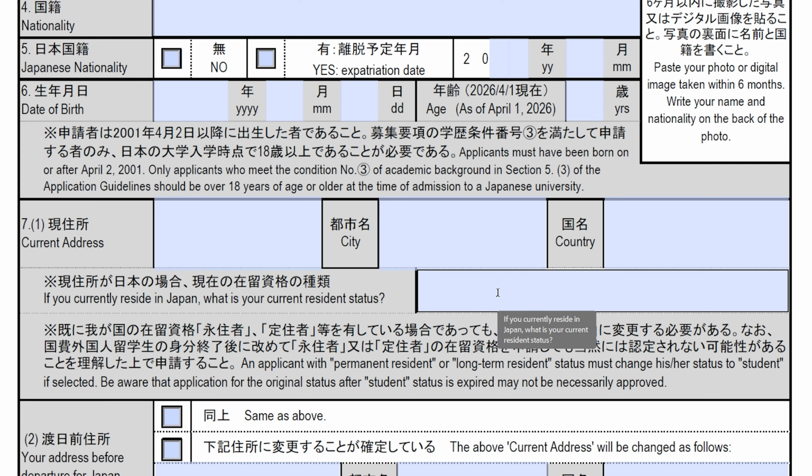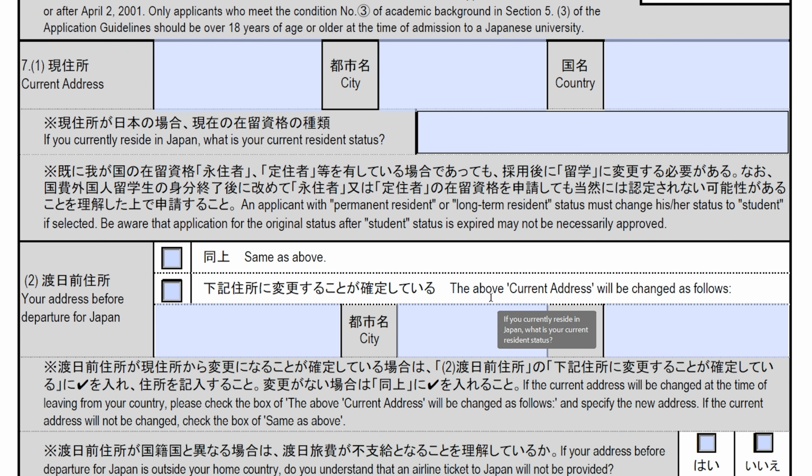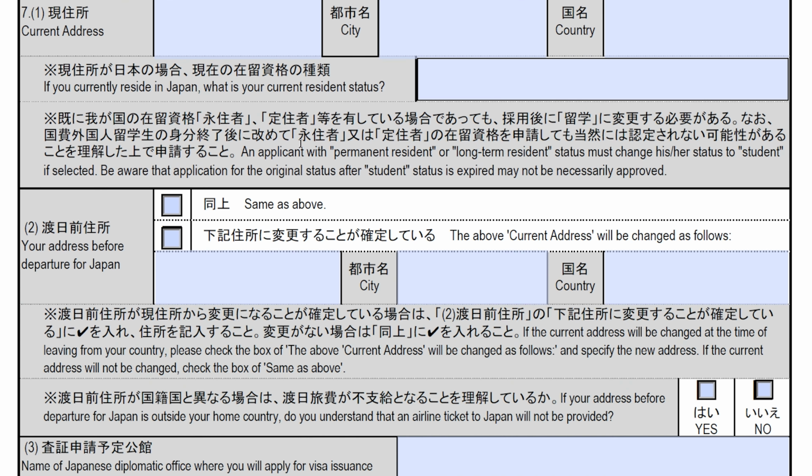It means here you are talking about being on a spouse visa, or being on a student visa, and so on. So you should be able to know this if you are already in Japan. Also, if you are in Japan, you need to fill out all the address. If it will be changed, then you also need to make your changes at this point.